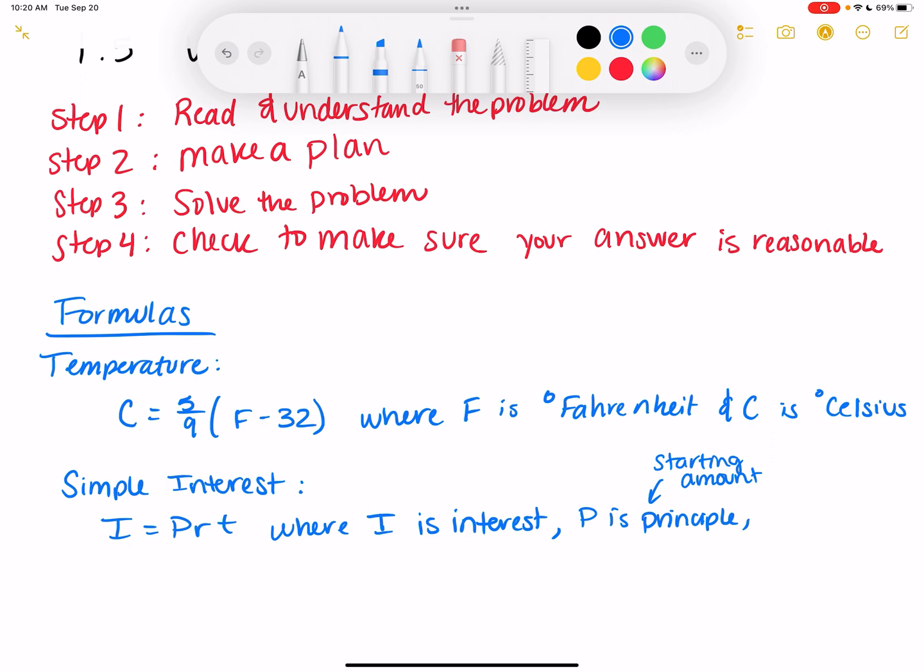Then R is the interest rate, as a decimal. A lot of times it gives it to you as a percent, so you just have to move the decimal place left 2 spots to get the decimal from the percent. And then lastly, we have T, which is time, and most of the time, that's in years.